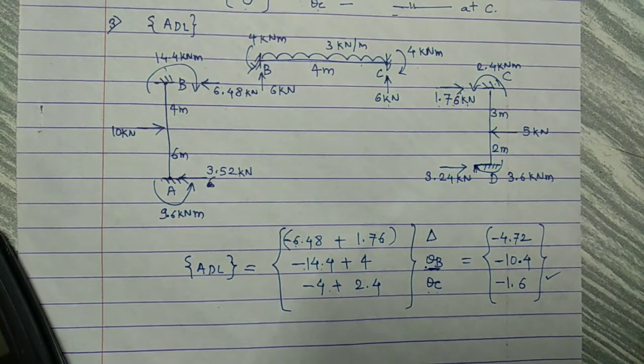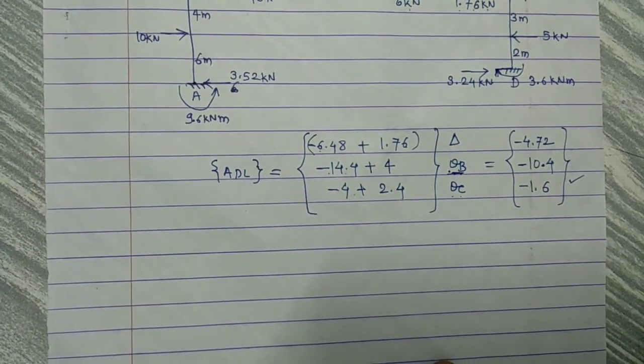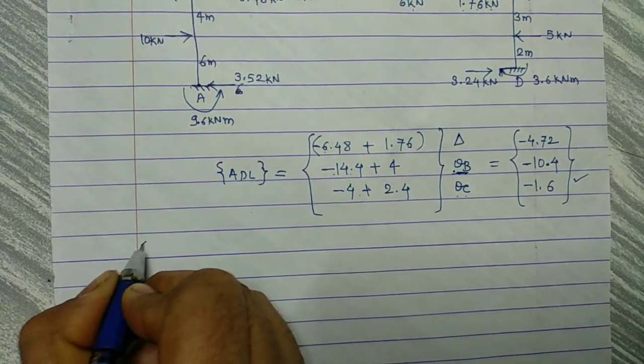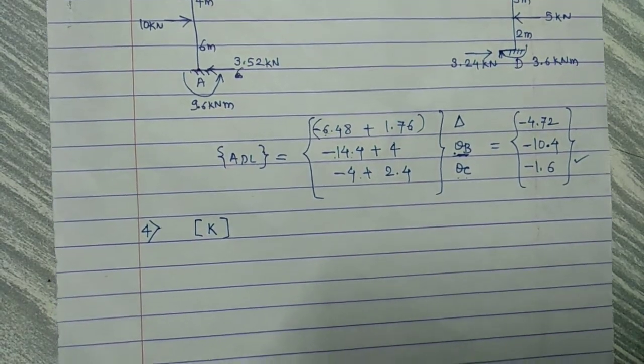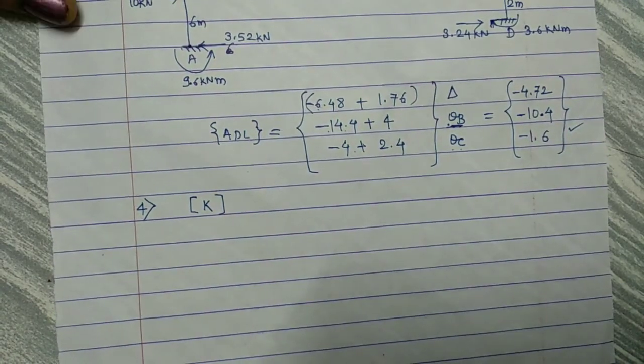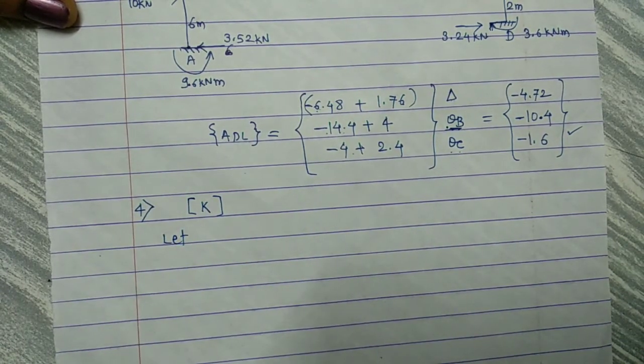Now this next calculation is for the stiffness matrix K. So next, step number 4, calculation for the stiffness matrix K. The very first degree of freedom is delta.